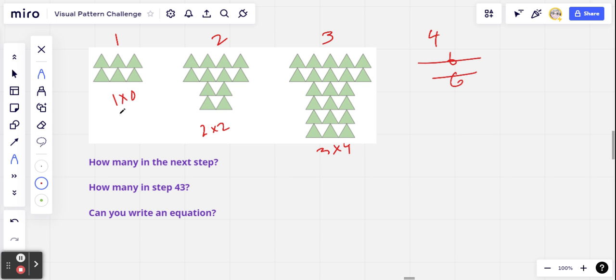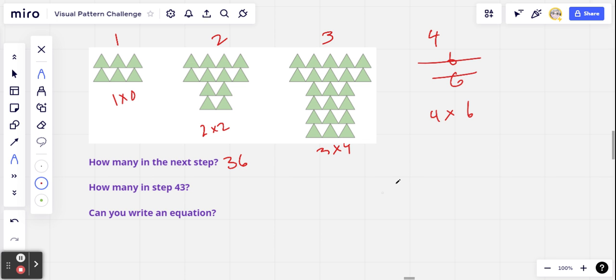And now look, the first dimension goes up 1, 2, 3, so it'd be 4 by something. And the second dimension goes 0, 2, 4, goes up by 2s, so 4 by 6. All right, so I think that's how I'm going to think about this one. And so that would be 12 plus 24, that would be 36. So I'm going to predict we'll have 36 triangles in the next step.